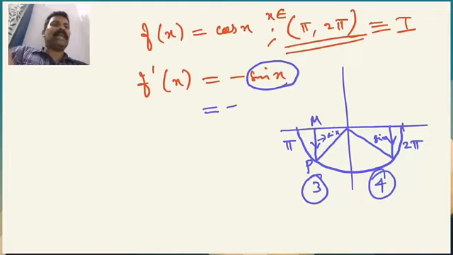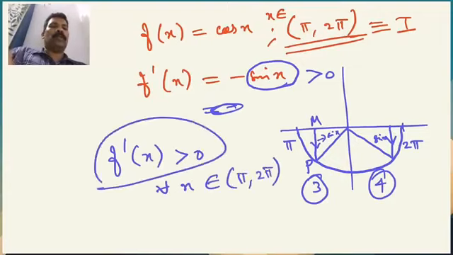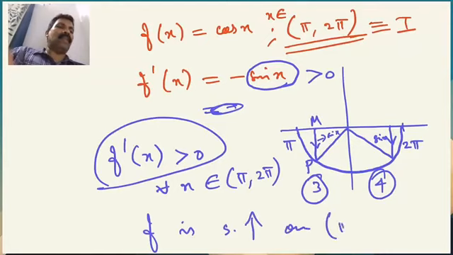So simply speaking, the derivative is positive for all x belongs to pi to 2 pi here. So you can conclude that the given function is strictly increasing on the given interval pi to 2 pi. Is it very simple? Yes, it is.